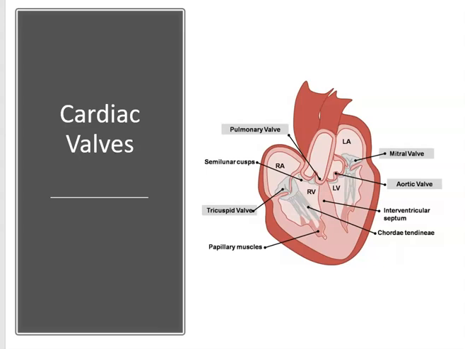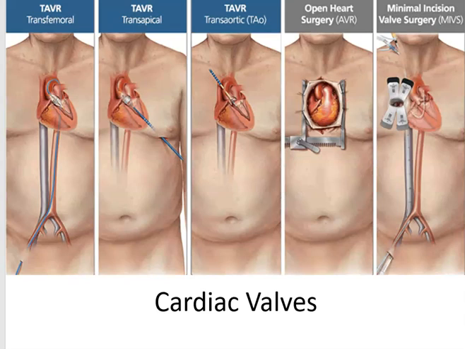And what you're going to note on this particular page is that as you go from the different valves, they have these names of these procedures, such as TAVR, TAVI. So let's take a look at what those procedures are actually all about.